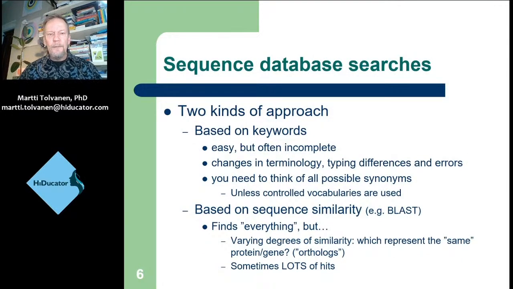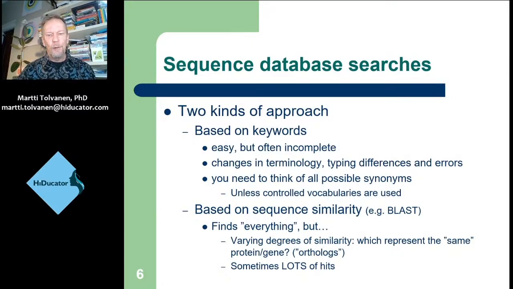Now, we've been doing some keyword searches, which is easy. It's like Googling, and we've discussed the problem of these keywords not being always correctly typed. Google has pretty nice language technology that can correct the typos and do approximate matching, but unfortunately the sequence databases are just lost if you miss a single letter or if the author or the curator of the entry has made a mistake in typing in some scientific term.